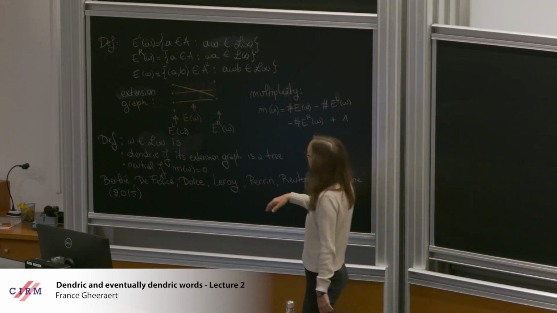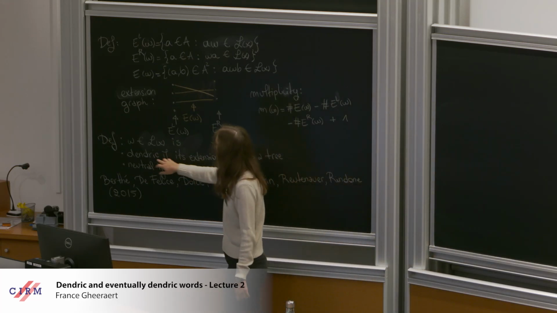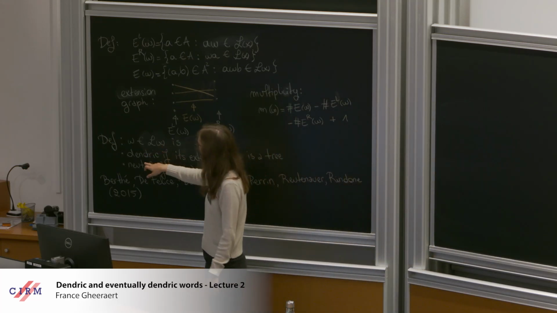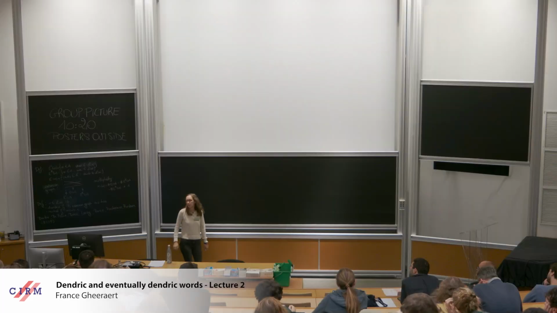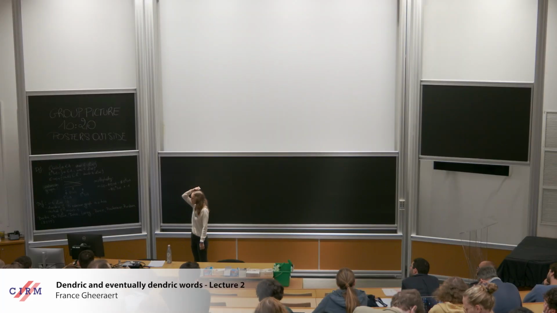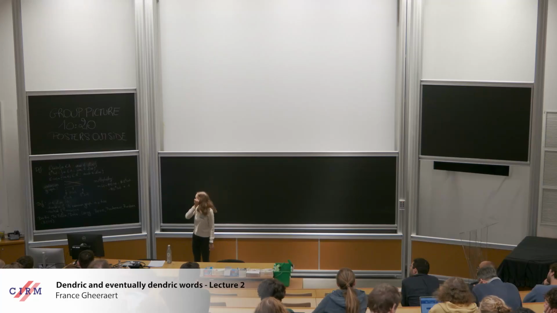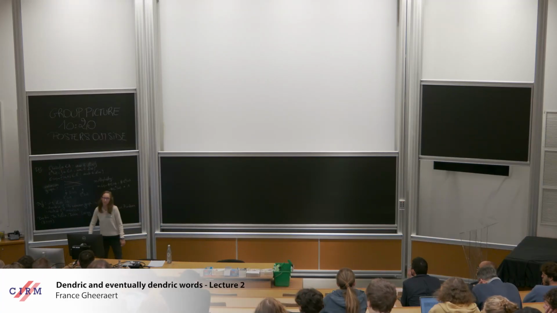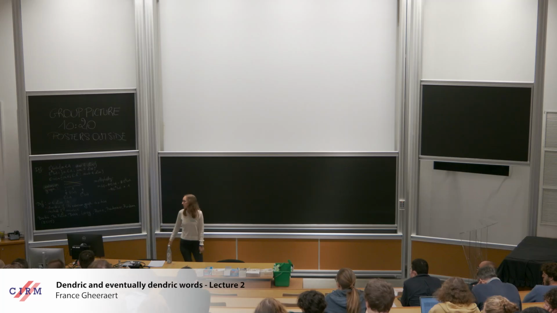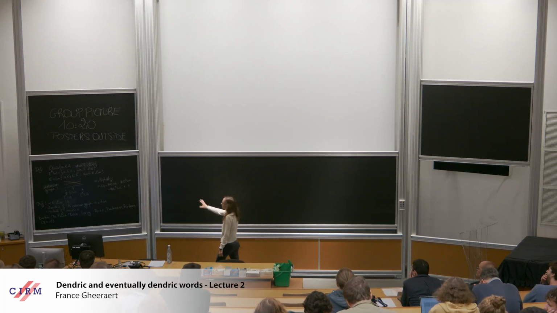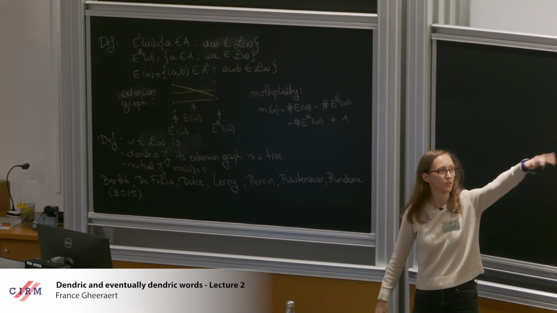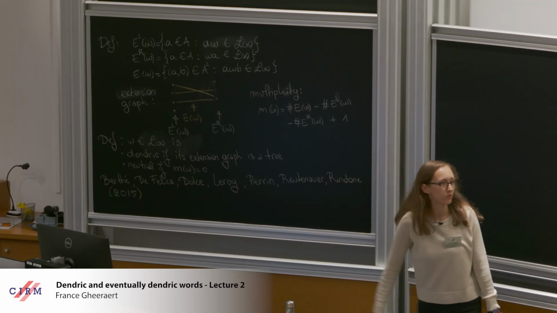Originally, the definition was that W is a tree word if its extension graph is a tree. But there was some conflict with existing notions, so they decided to change it to dendricity, for the Greek origin. Okay, so that was essentially what we did last time. We also did a drawing over there, but we won't really use that drawing today.